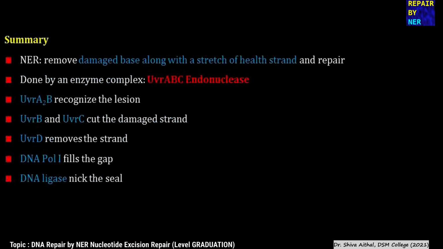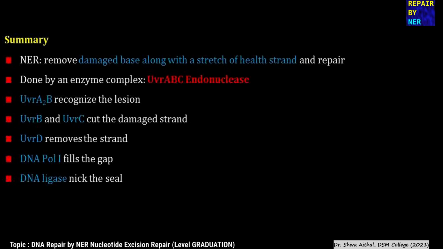So if you want to summarize this whole process in a jiffy, in 3 to 4 points, you can say nucleotide excision repair is a process which removes the damaged base along with a stretch of healthy strand, and it repairs the whole DNA.